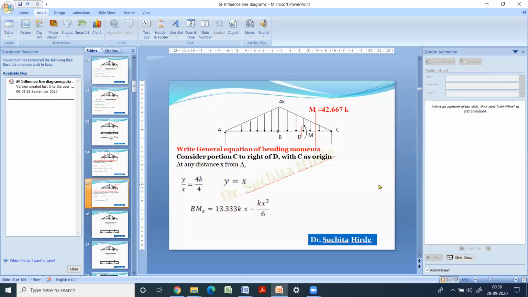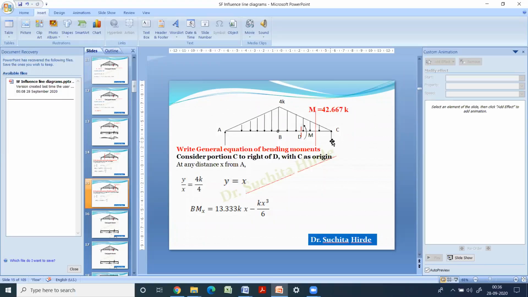To write the general equation of bending moment for portion CD, we are writing the equation from C to just right of D, because at D there is a moment. So we are considering section from C to right of D, and we are considering C as origin.